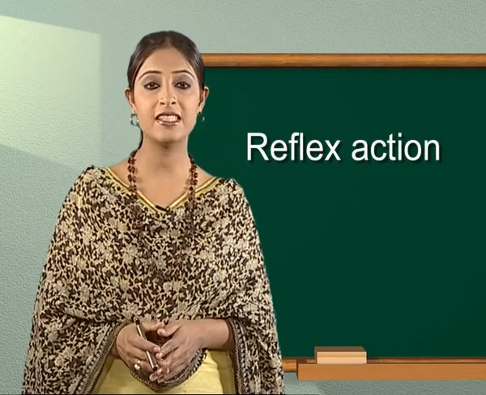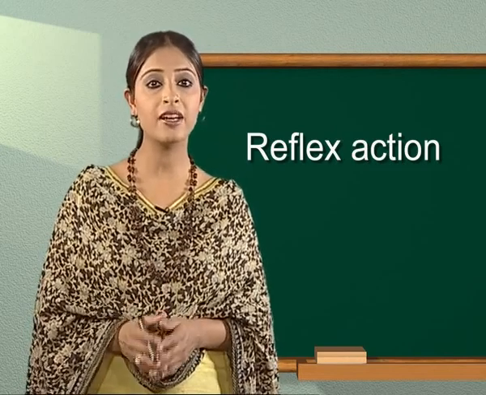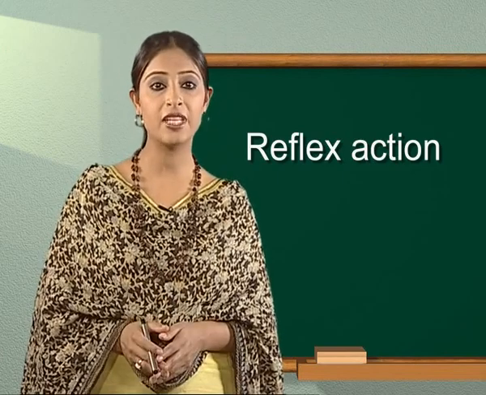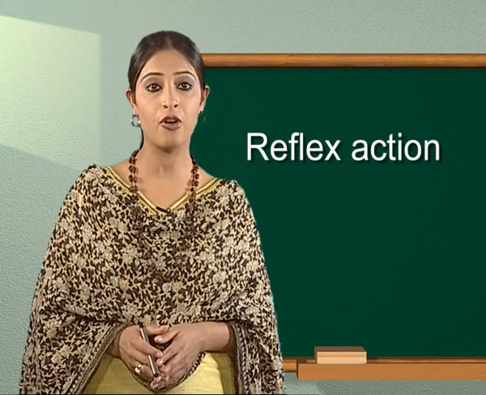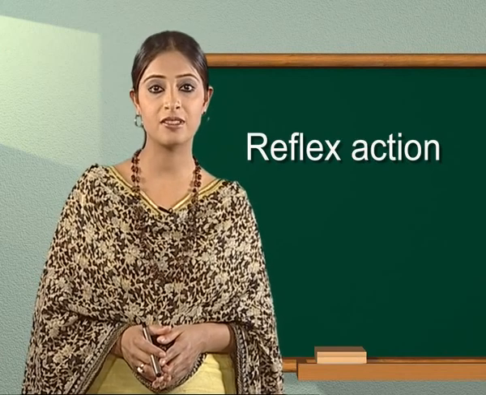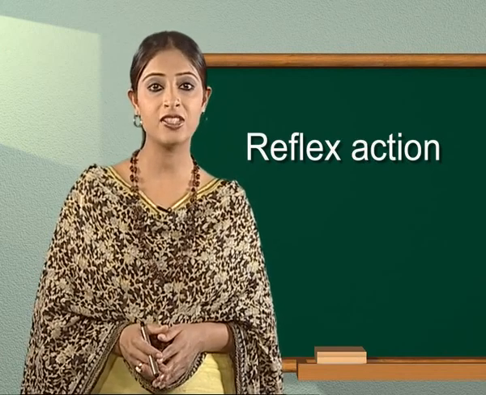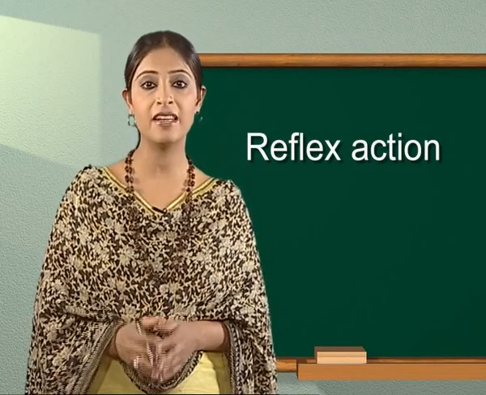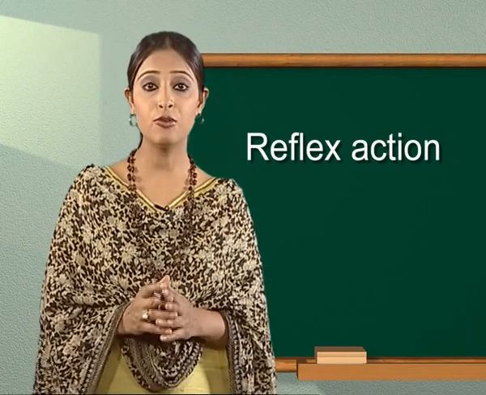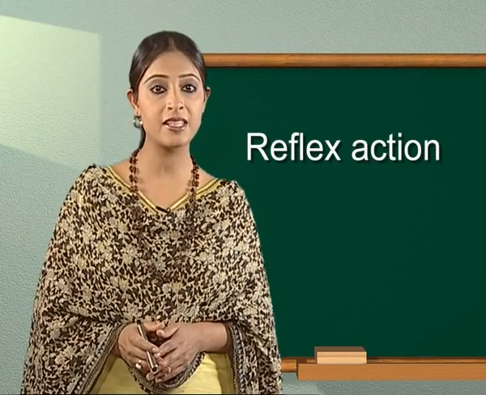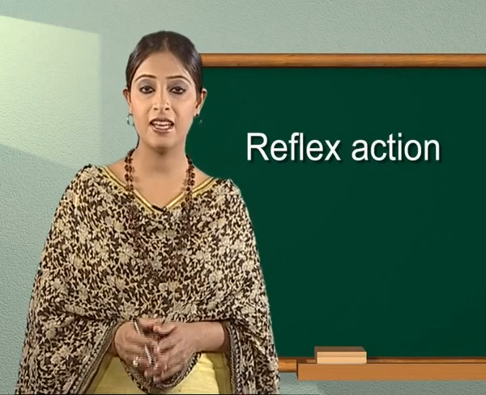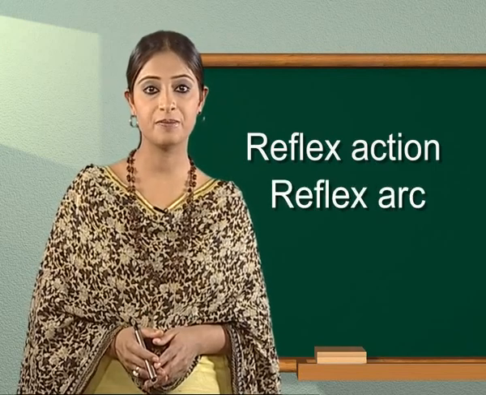Before the sensory stimuli through longer interneurons reach the brain, the action to protect your hand is taken care of by the spinal cord. So we may say that reflex action involves spinal cord and spinal nerve. The route followed by nerve impulses to produce this reflex act is known as reflex arc.